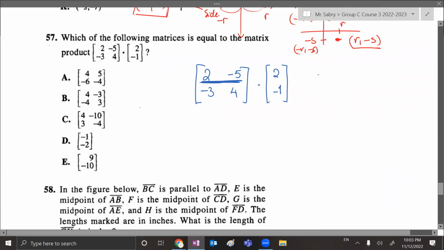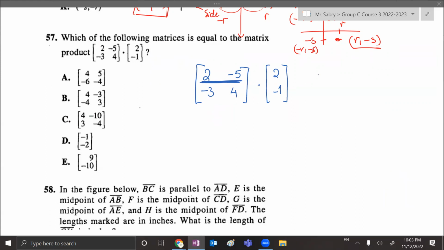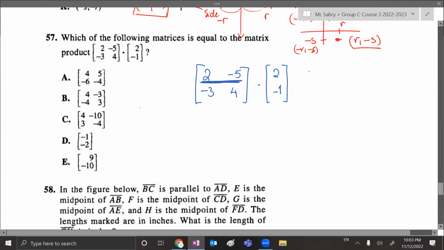The answer should be in the first column, the upper number. 2 times 2 plus negative 5 times negative 1. When we multiply this row with this column, the whole answer is just one number.